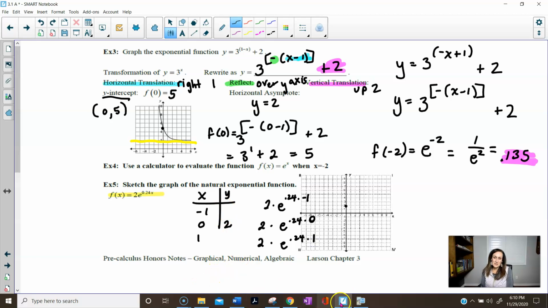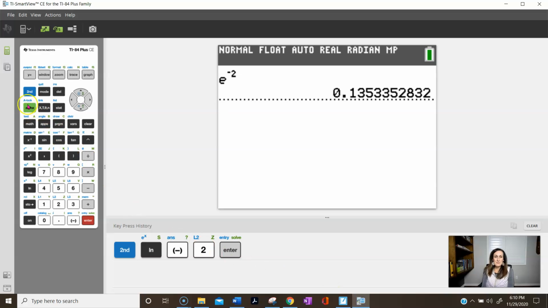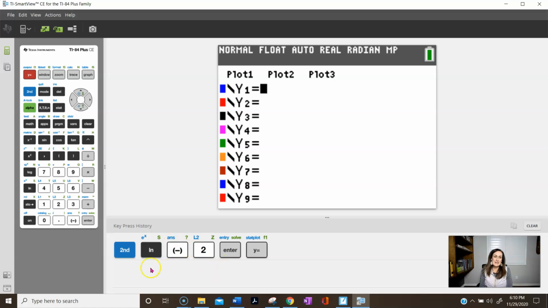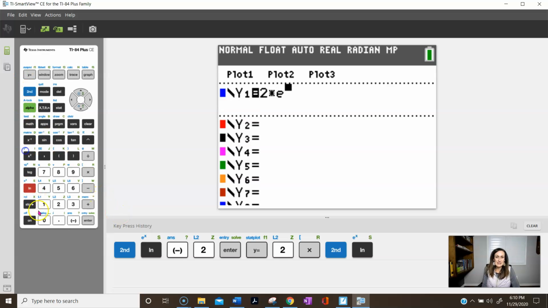Let's jump back to the graphing calculator. We're going to go to y equals and type in that equation. So it's 2, times, and you find e under second ln, which is e raised to, and then put in 0.24 and then x, and x is to the right of green alpha.